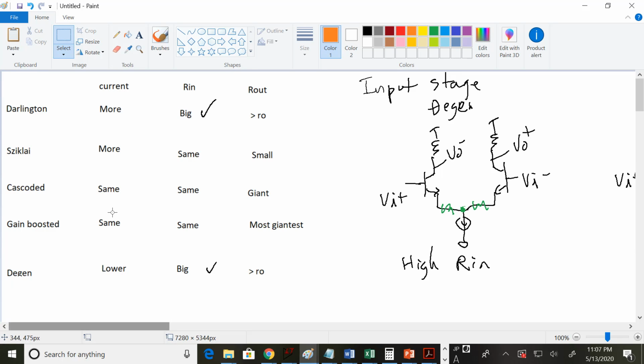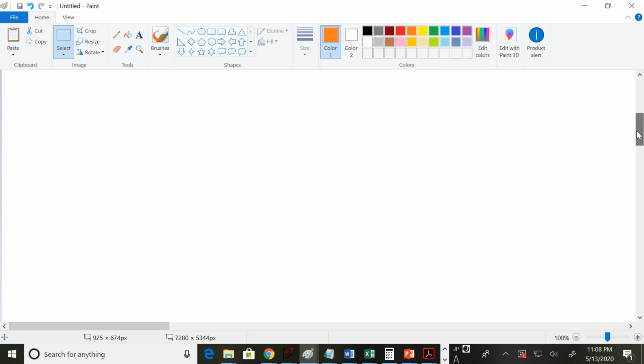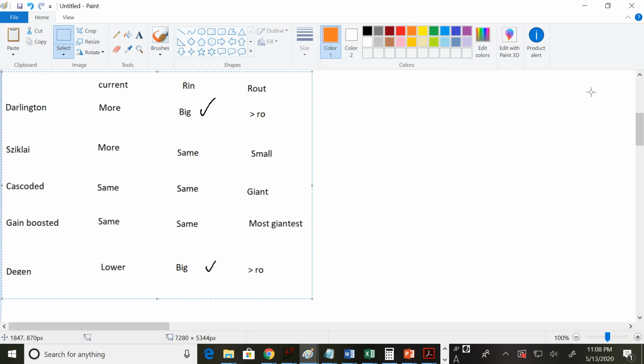And the next question was for a gain stage. What's the maximum gain transistor that you can make? None of these change gm. And remember that the transconductance is, what was I going to say?